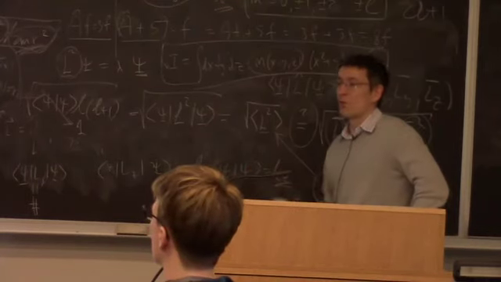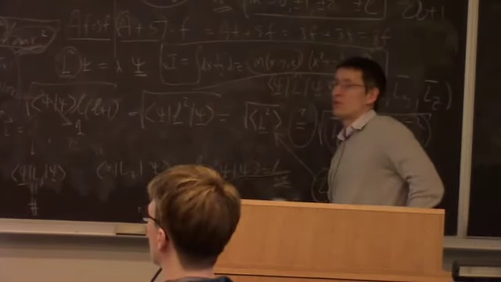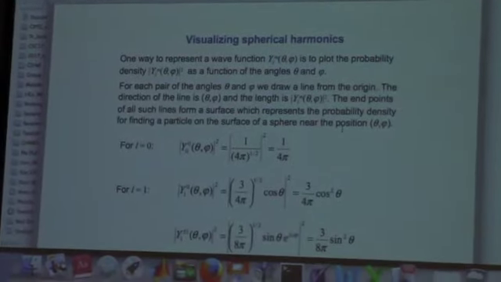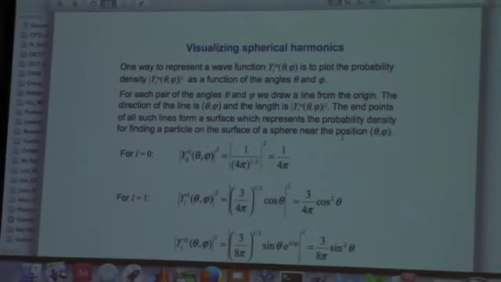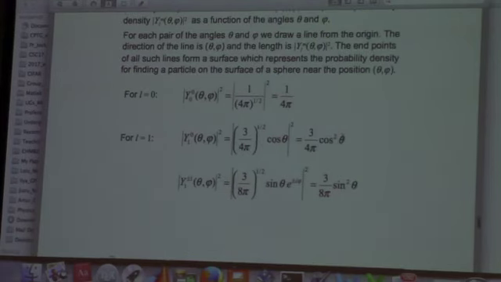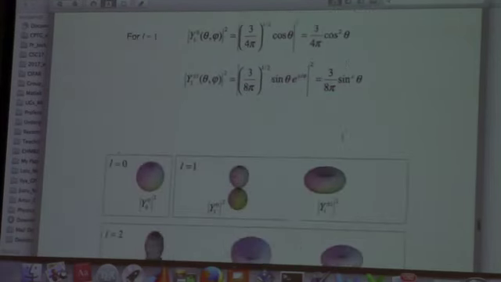Well, you fix one coordinate, right? So the radial coordinate is fixed, and then you see what the angle coordinates should be that keep the probability density value the same on the shape that you are plotting, right? So the constant probability density plots, and here they are.